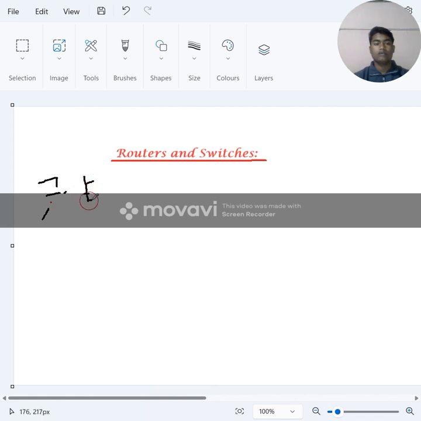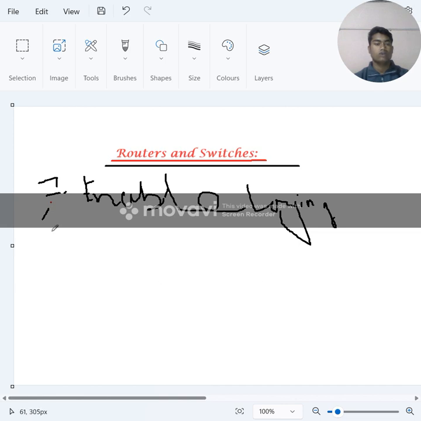So one point is to enable logging. You should note this in your notebook. On routers and switches, enable logging.